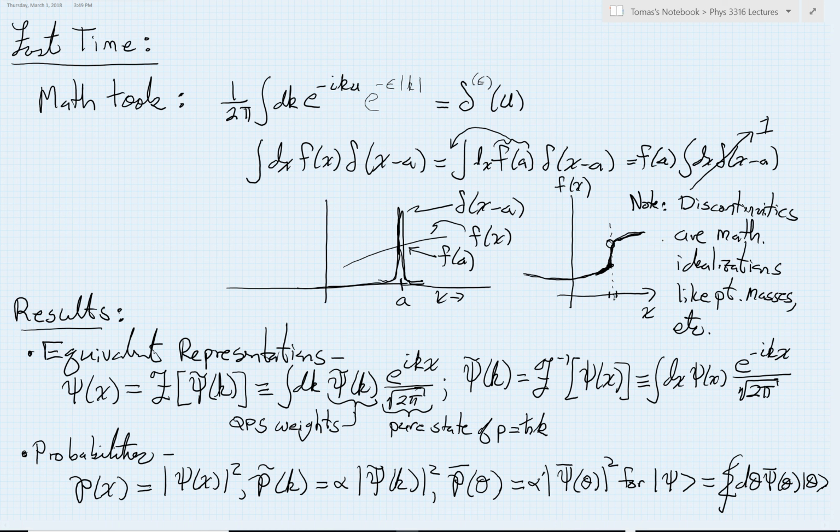Very good. So now, back to the results that we learned from using such techniques. We found that we have two equivalent representations for our quantum state. There's our basic description in terms of psi of x, but equivalently, we can express psi in terms of a set of weights whose Fourier transform gives us psi.